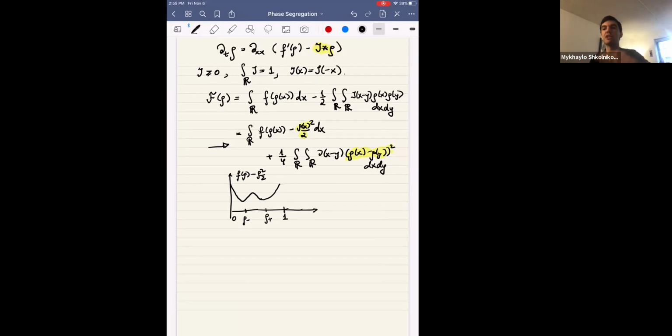So deep into the water, you will be at the equilibrium concentration for water. Deep into the oil, at the top of the glass, we will be at rho plus, but in between, the concentration will have to somehow go from rho minus to rho plus.